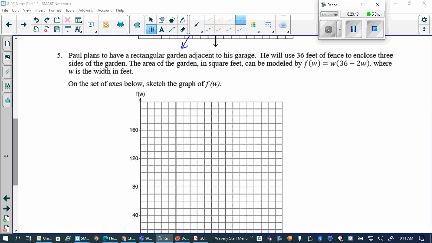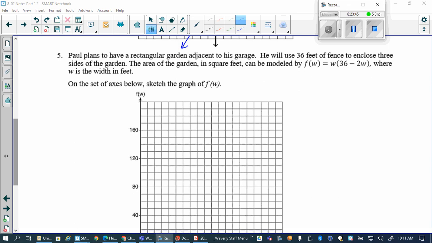Okay, it's about a garden. Amy, describe this garden. What can you tell me about the garden, Amy? Is it a circular garden? Is it shaped like a pentagon? It says rectangular, yeah. Okay.